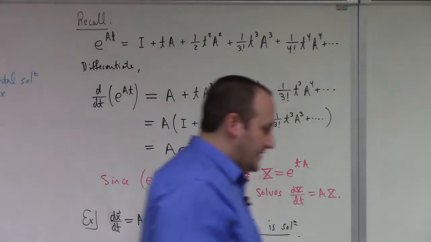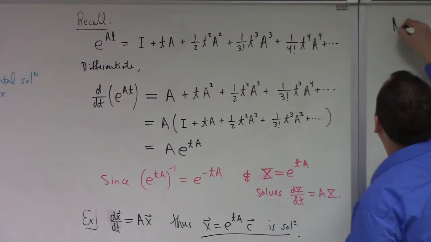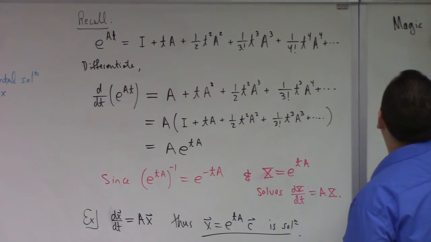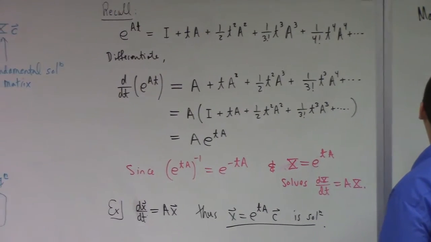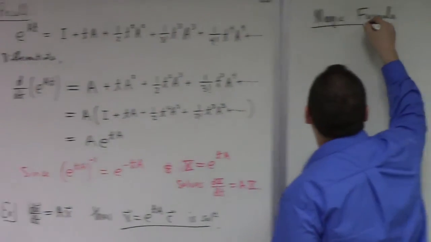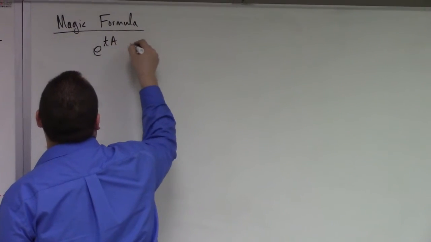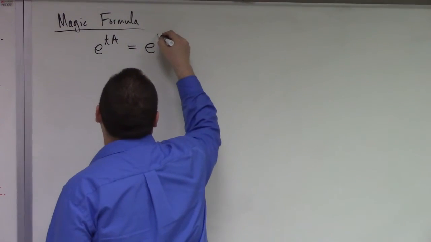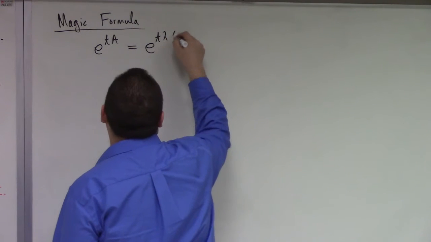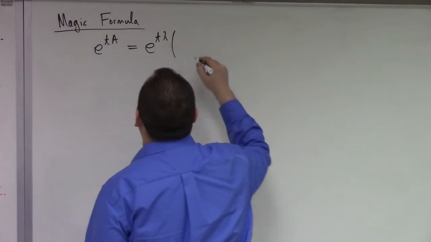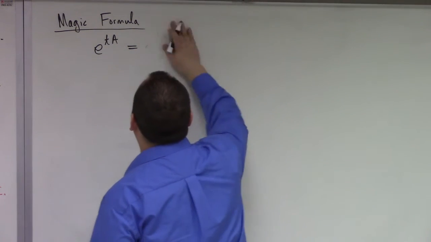That's where the magic formula comes into play. The magic formula, which I call the magic formula because it's magical. Simply speaking, e to the ta is equal to e to the t lambda times, oh fine, I'll derive it.